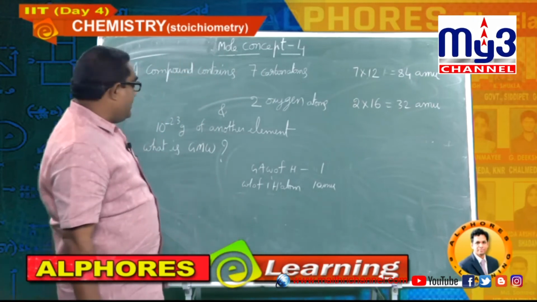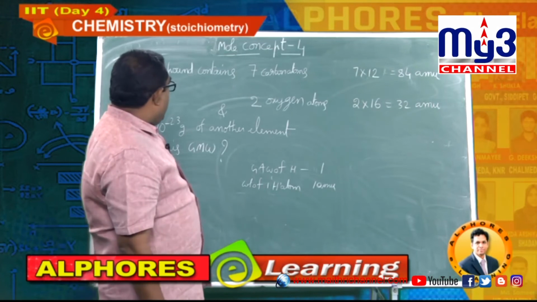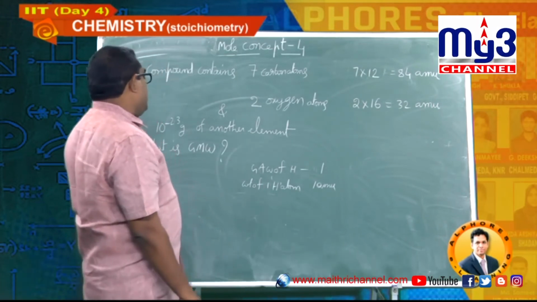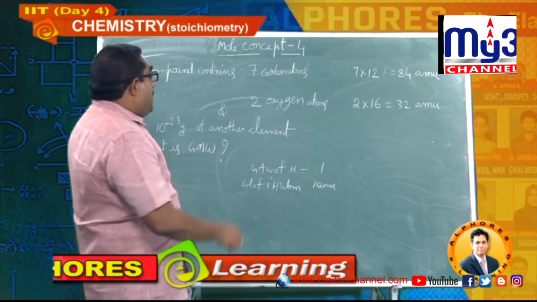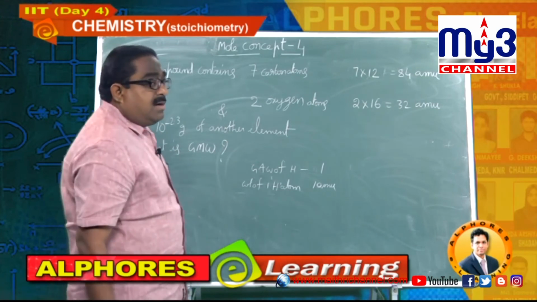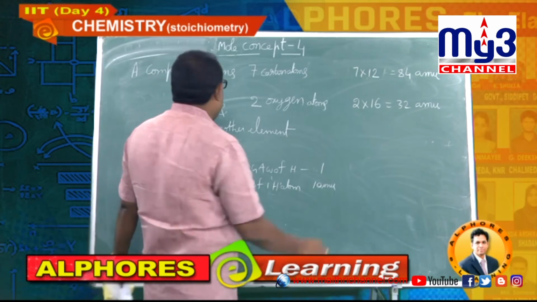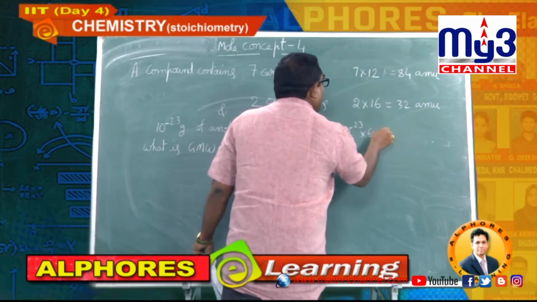And he has given 10 power minus 23 as the mass of another element. Multiply this with Avogadro number, and you will get the atomic mass of that element. So 10 power minus 23 into 6 into 10 power 23.